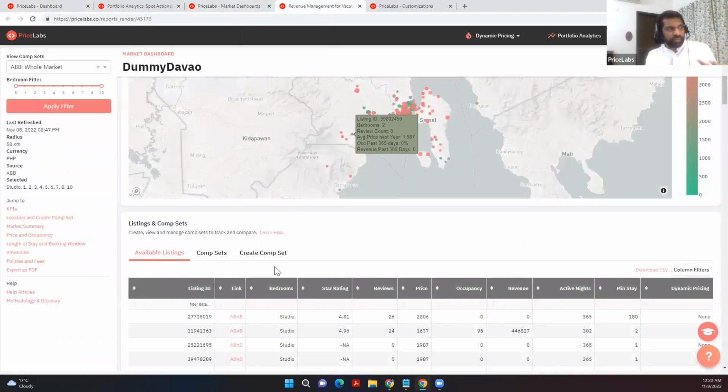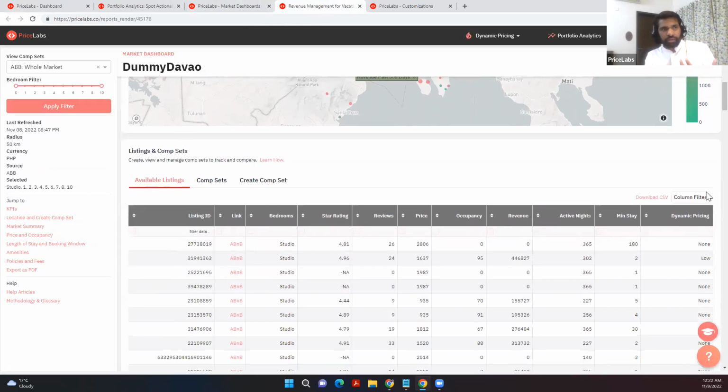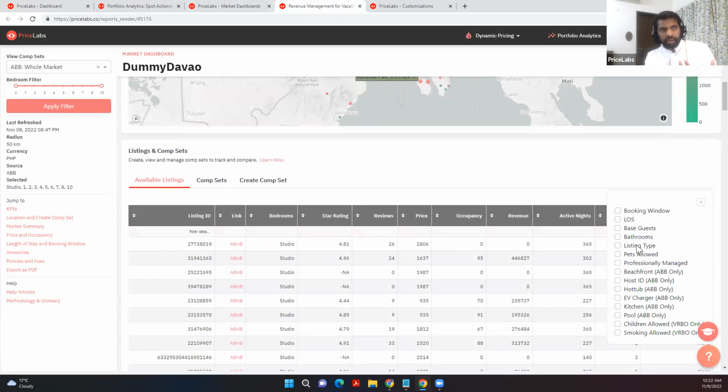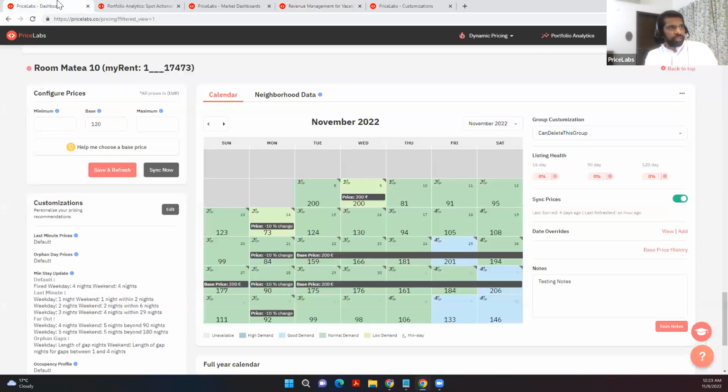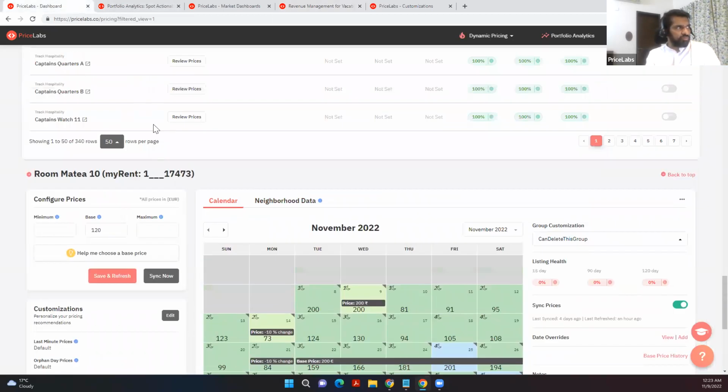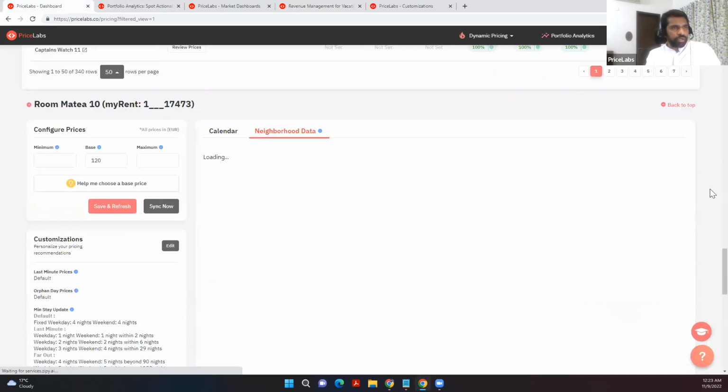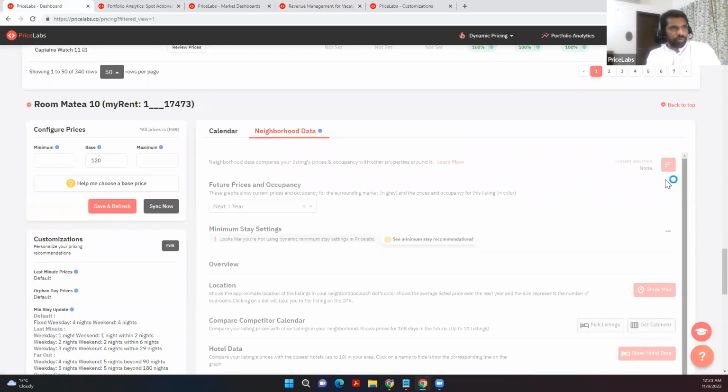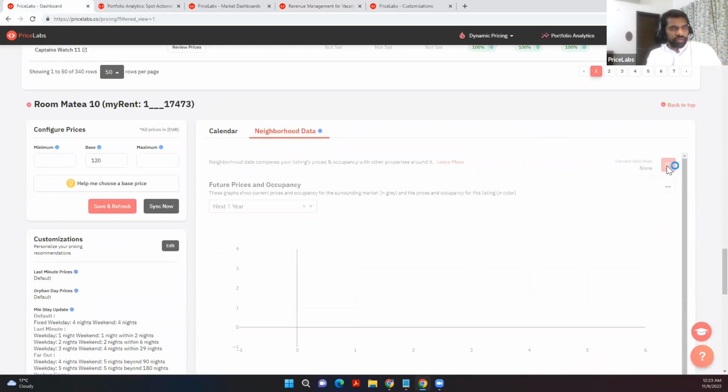Step 2, create a comp set that is specific to your listing, and you can create comp sets like allows pets and has beachfront and has an EV charger, that kind of granularity. Then you can come into review prices for your property, go into neighborhood data, and within neighborhood data, you can pull the comp set that you have created. And it's being a tad bit slow for me here.